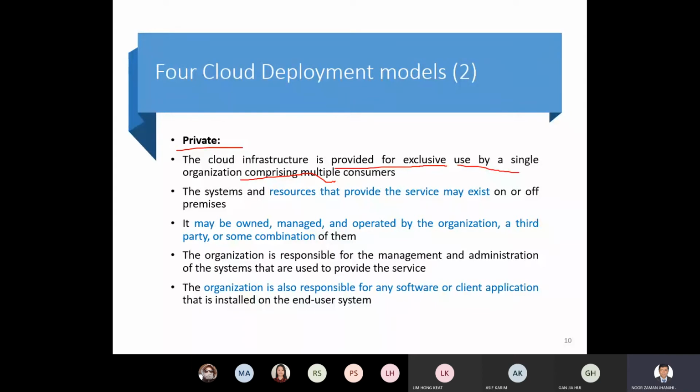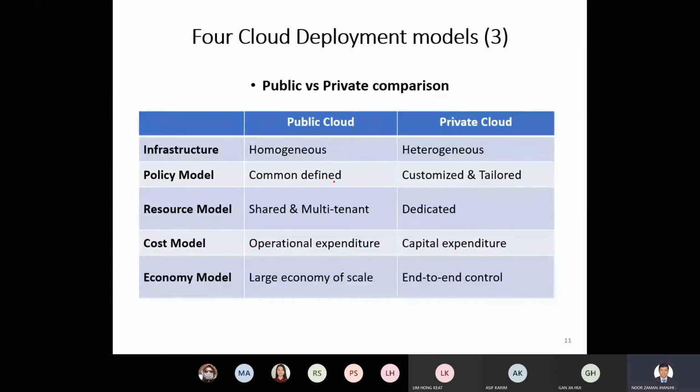This could be possible in the private cloud as well. Any organization could be responsible for the software and other things because it is the private one. Nobody else will be entering, and we ourselves will manage the software and other things.